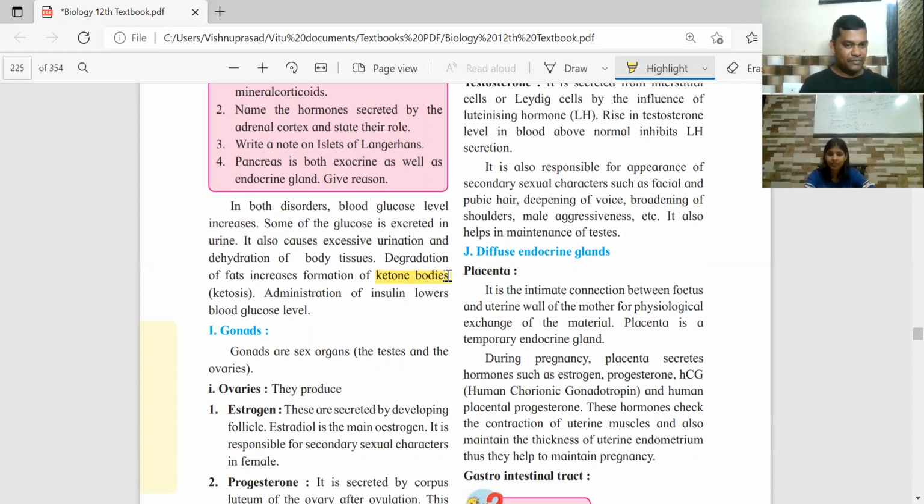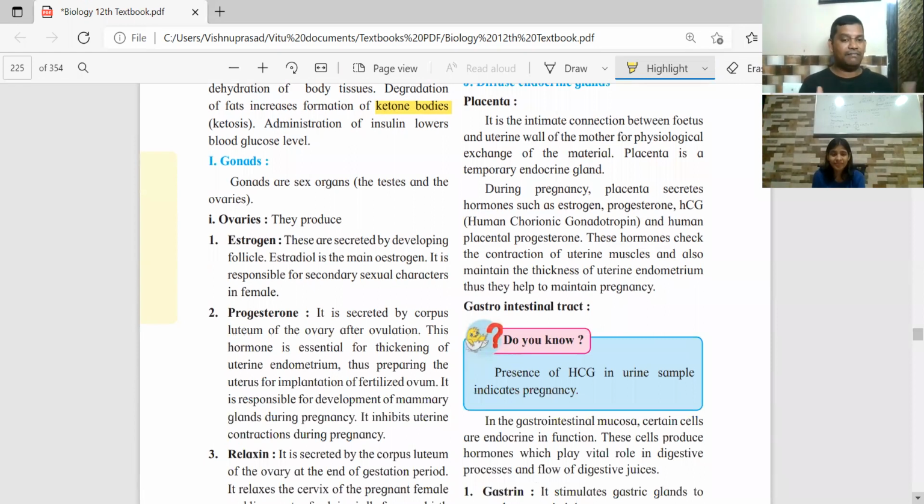So externally, the person has to keep taking insulin injections. And at the same time, many doctors advise maintaining physical activity, so that maximum utilization of the glucose takes place.